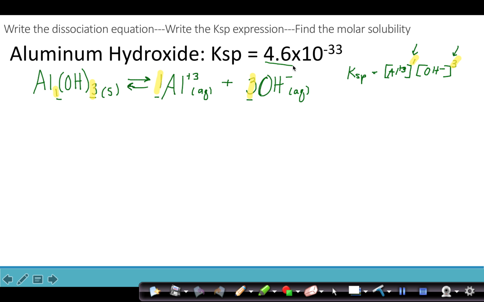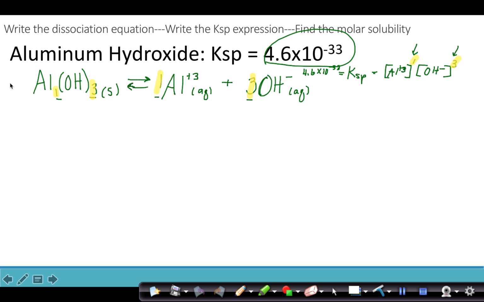Now, we have our Ksp, which is what this is all equal to. So this is equal to 4.6 times 10 to the minus 33 equals the Ksp, which equals aluminum concentration to the first power times hydroxide concentration to the third power.